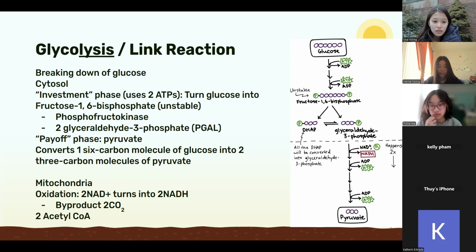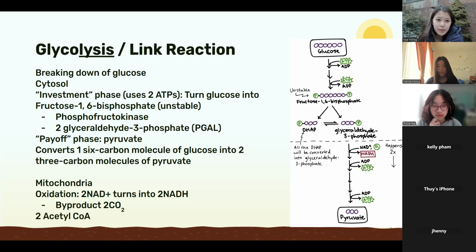They put the ATP in, and in this phase, the glucose, or C6H12O6, which is the focus of glycolysis, is attached to two phosphates from the two ATP with the help of phosphofructokinase. And then that creates the PGAL.